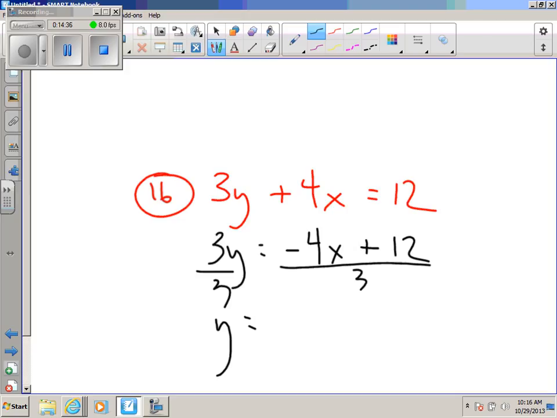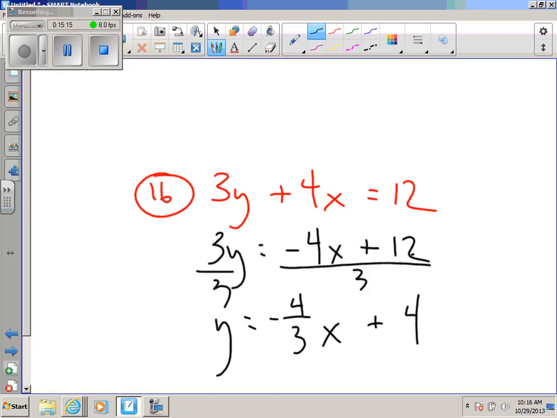So I've got options. Okay. Now I can keep it the way it is, or I can say -4/3 x plus what? These are divisible. 4. Yes. Well, that's the question you want to ask yourself.